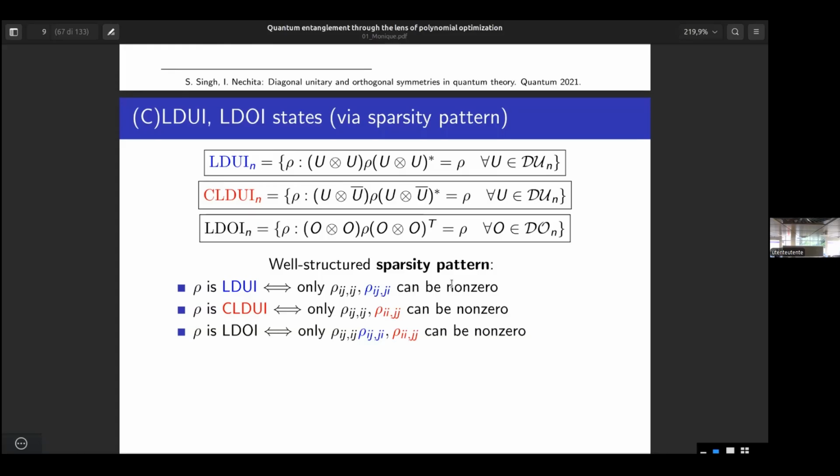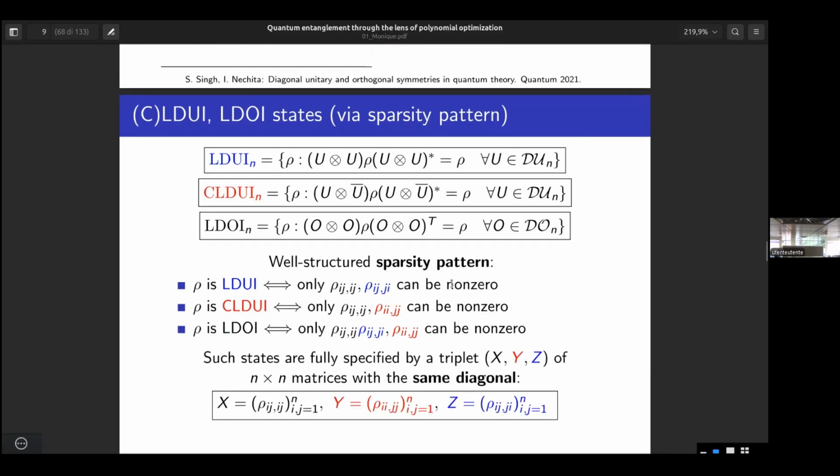So rather than looking at the exact indices which are here, let's look at the weakest invariance, LDO. This is where you have most entries, so fewer zeros, and it contains the other two.